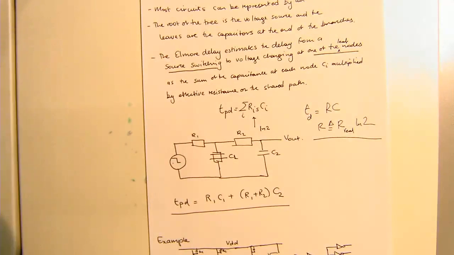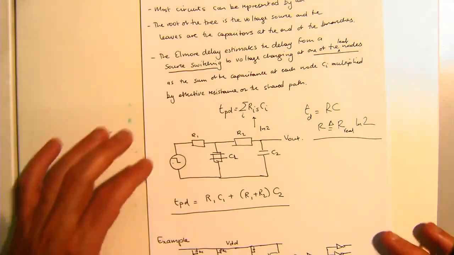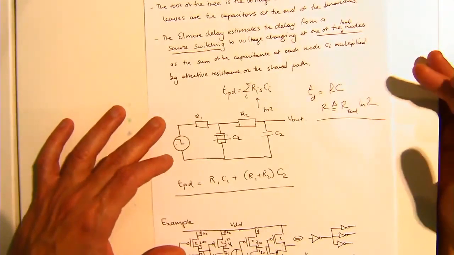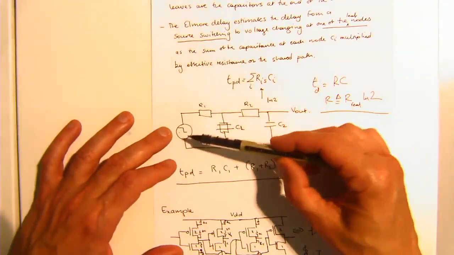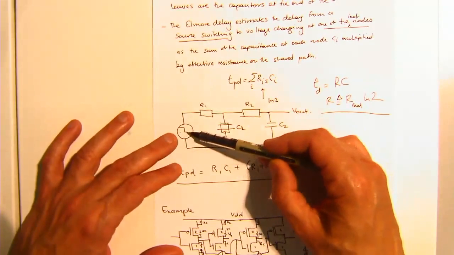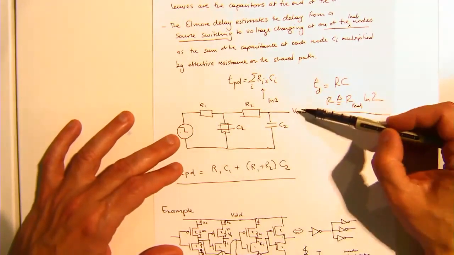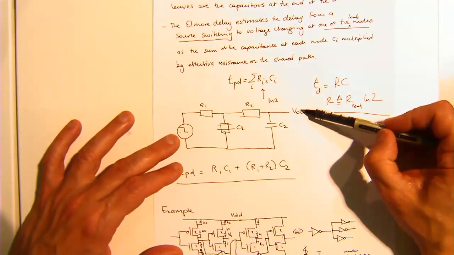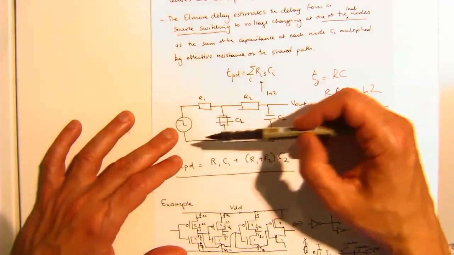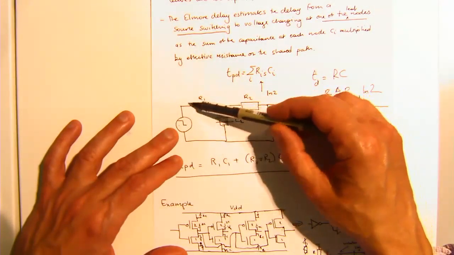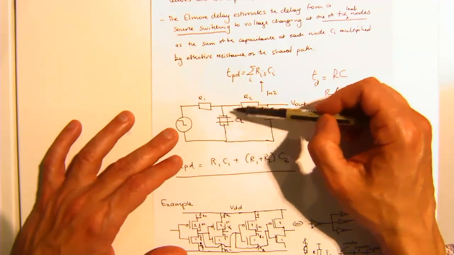But what's important here, other than this constant of log 2, is how do we put this theory into practice? If we want to work out what the propagation delay is from this source changing to this output changing, the Elmore delay methodology says you work out the resistance and the capacitance on that tree.